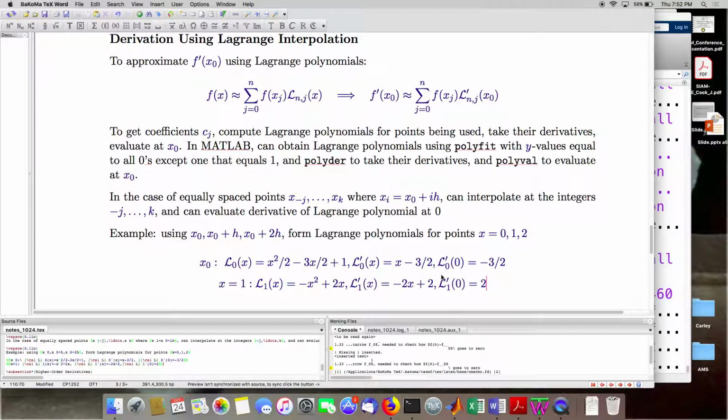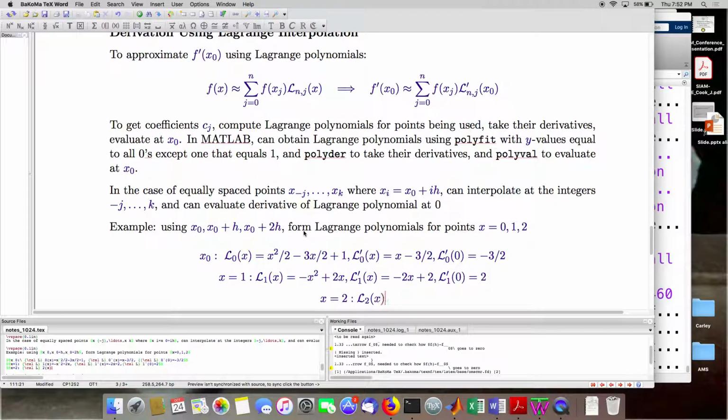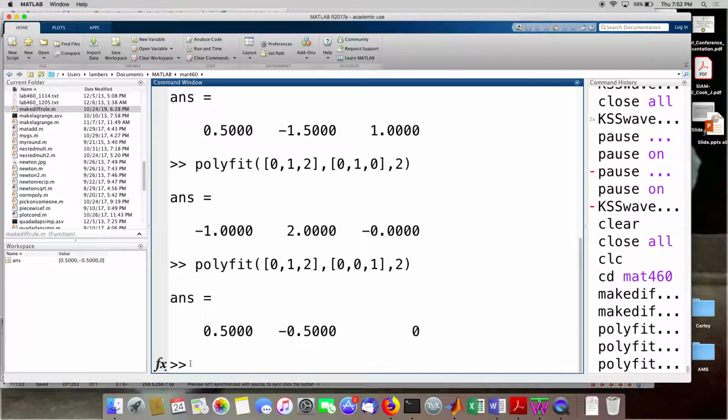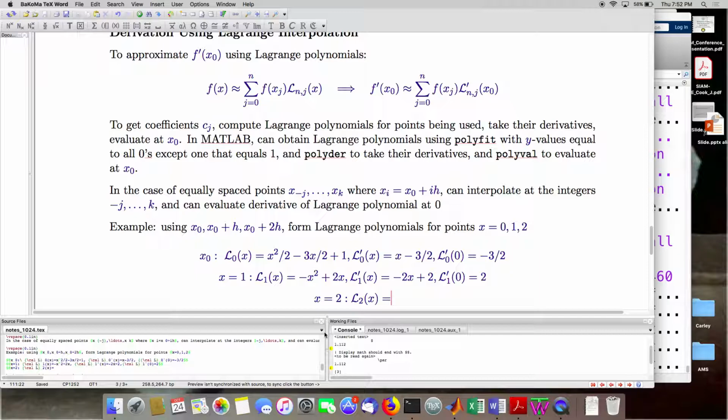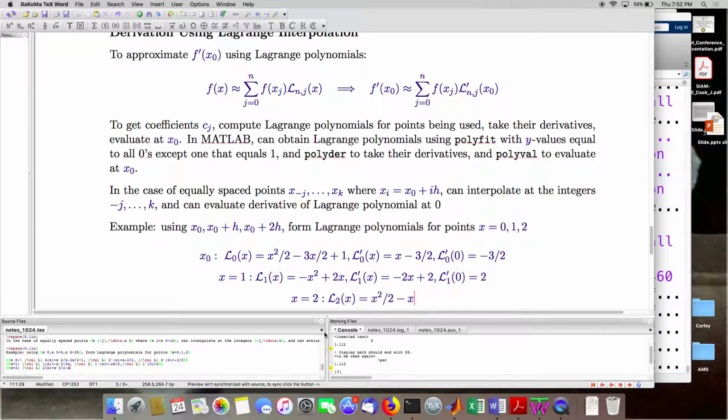And then lastly, x equals 2, which corresponds to x naught plus 2h. So now I'll do this again for 1 in the third position, and I get 1/2 x squared minus 1/2 x, that is, x squared over 2 minus x over 2. I take its derivative, and I get x minus 1/2.